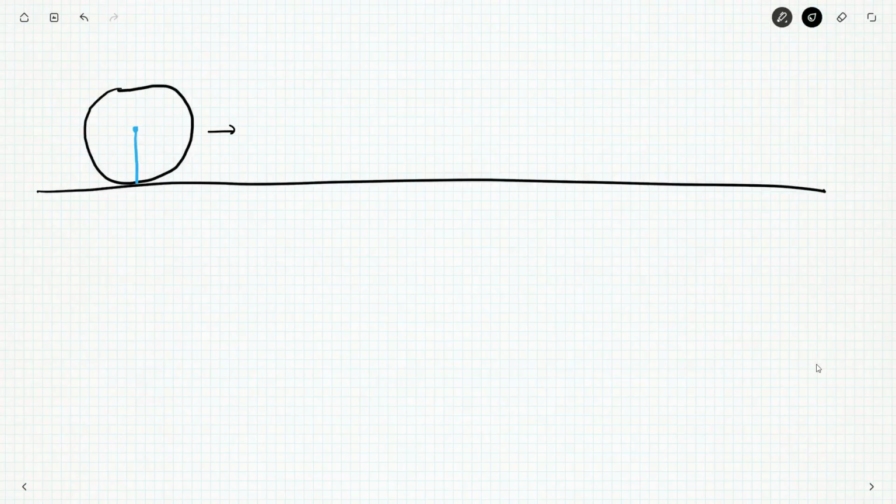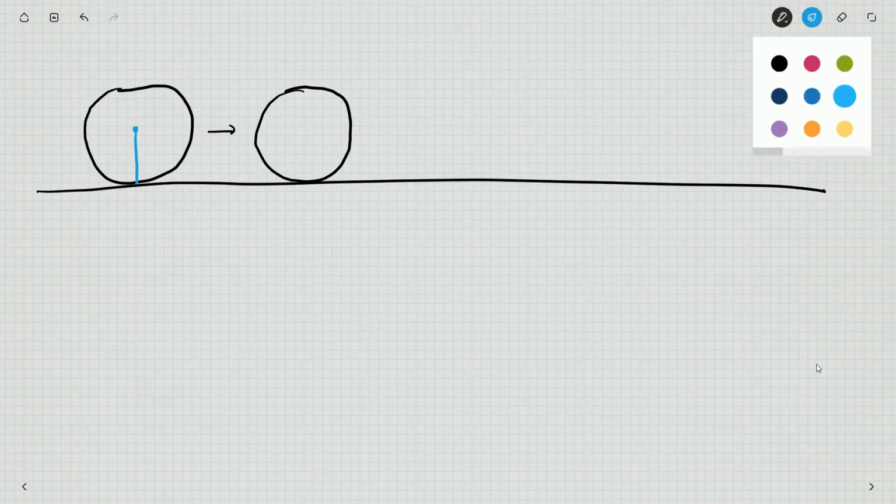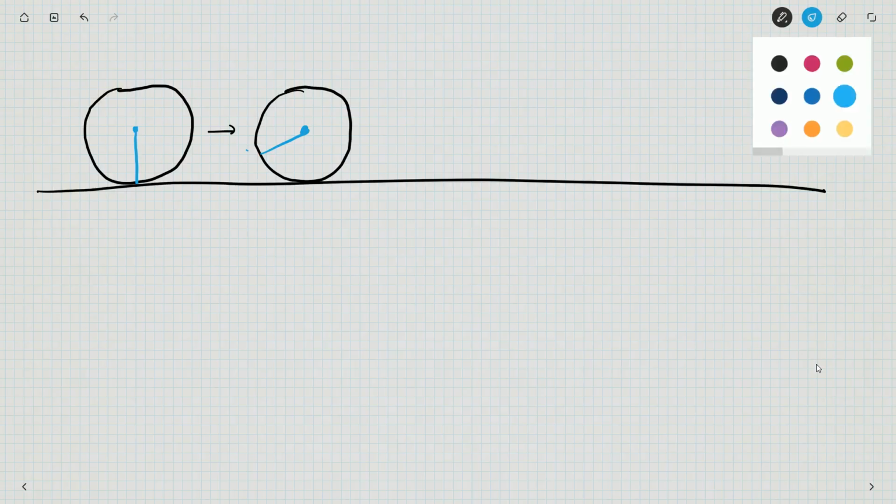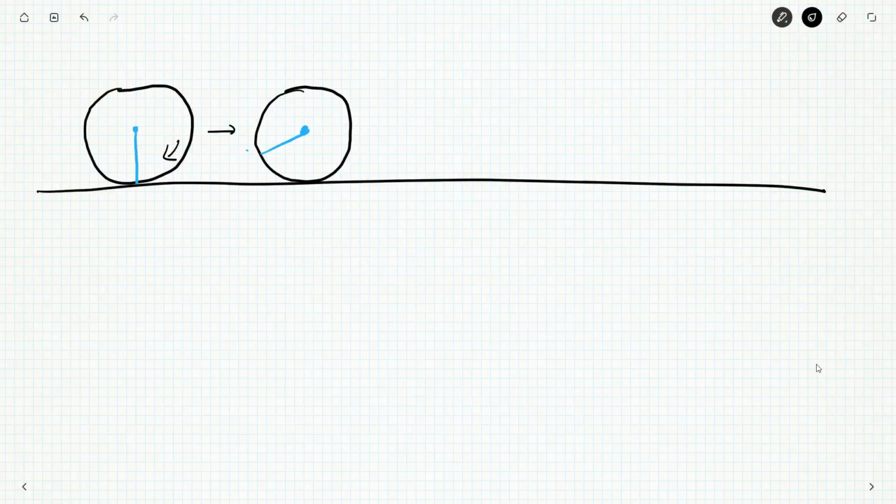So we go a bit of a distance, and now the marked spoke, if we're looking at it from the side, has rotated up a little bit because we're rotating this way.